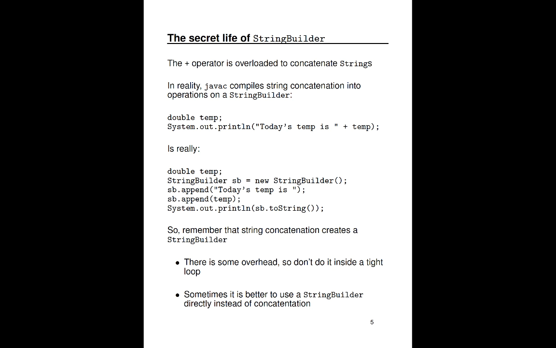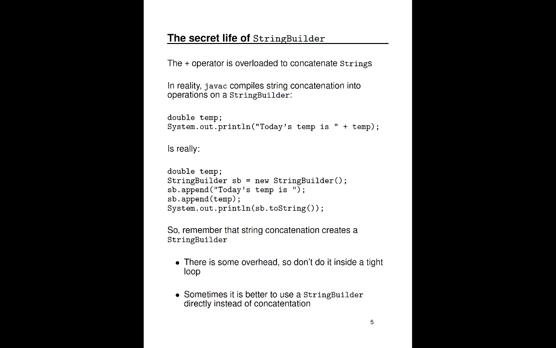So string builder is used a lot of places, and something to note is that when you use the concatenation operator, it'll create a new string builder object, which 95% of the time is fine. But if you're writing some very highly performance sensitive code, or maybe you've got a loop that runs tens of thousands, millions of times, you don't want to necessarily create a new string builder object every time if you can help it.